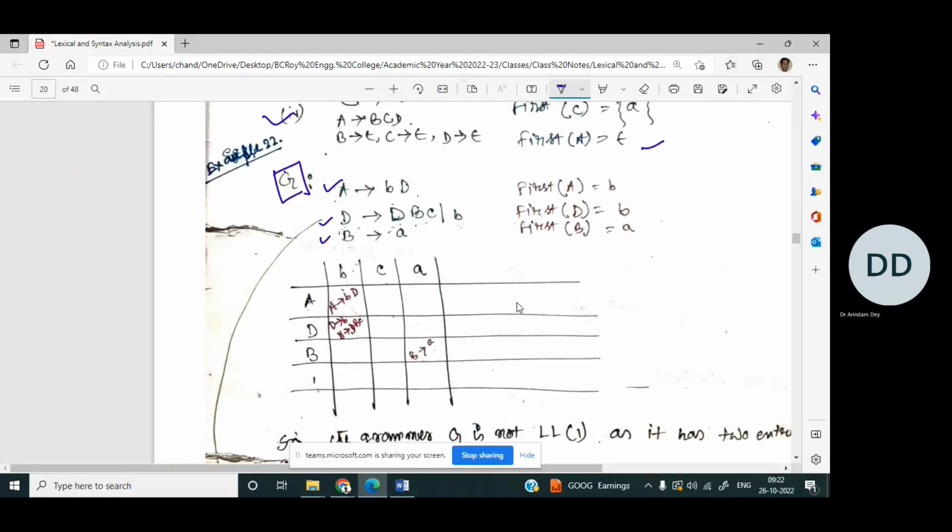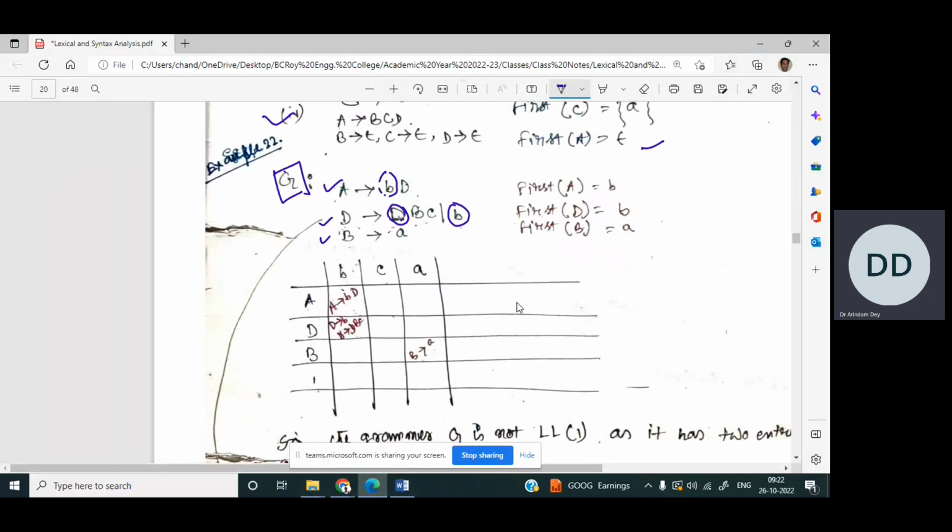Right. Now, if I calculate the first of capital A, the first of capital A certainly will be small b, right? Because it is the first terminal that you are having. The first of capital D will be small b certainly, right? And again, it is a left recursive grammar. The first of D will be the first of D from this point of view.